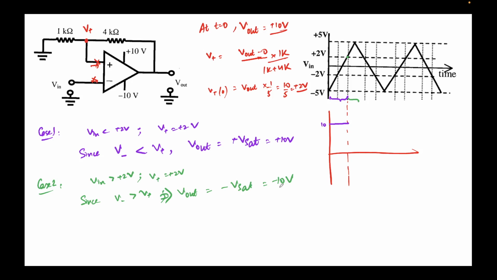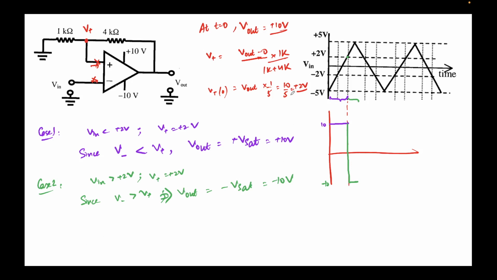Now, as soon as V in crosses plus 2 volts, at this point the saturation voltage will drop to minus 10 volts. So this is minus 10. This is the output waveform that I'm drawing, right? So now V sat has become minus 10, right? So now let's quickly evaluate.